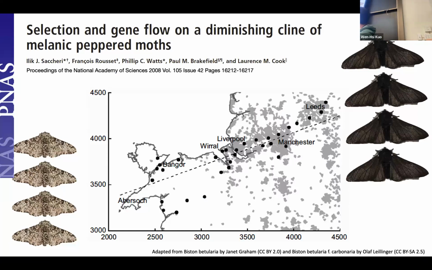With the migration between urban and rural environments, you can see there's a color cline from melanic black to white. This conspicuous color pattern guided people into the early study of local adaptation.